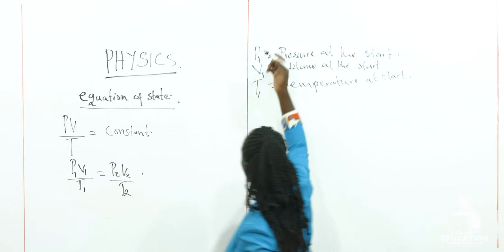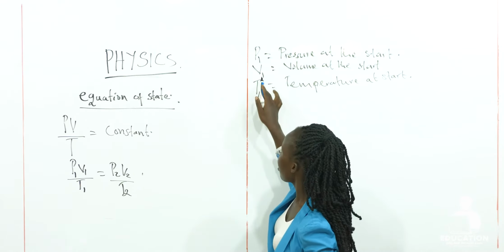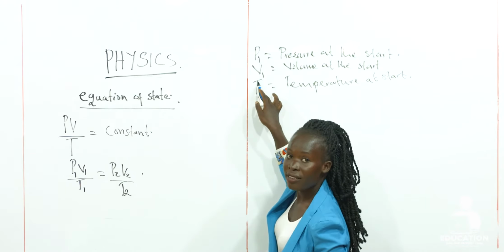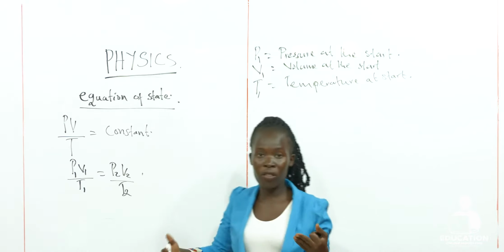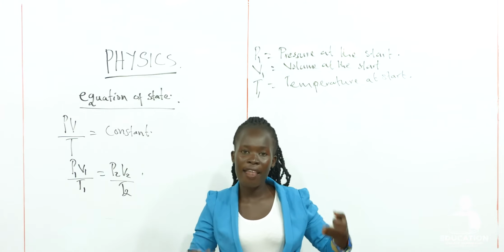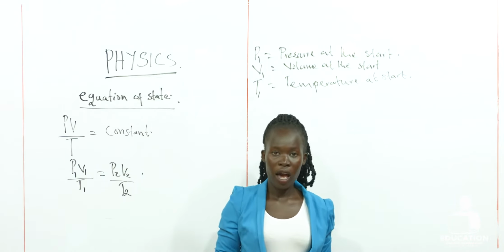So you see, these ones that are carrying 1 at their lower ends are the temperature, the volume or the pressure at the beginning of your experiment.